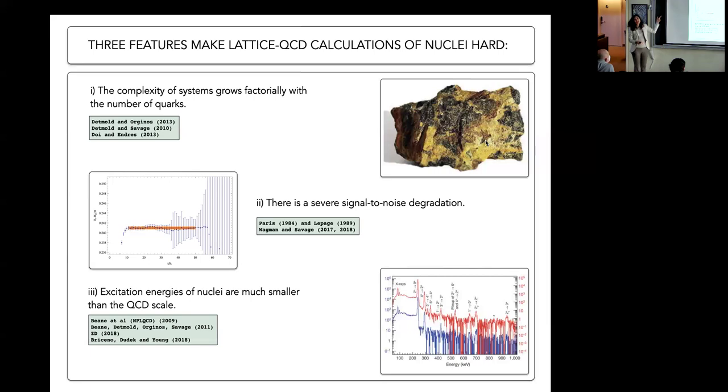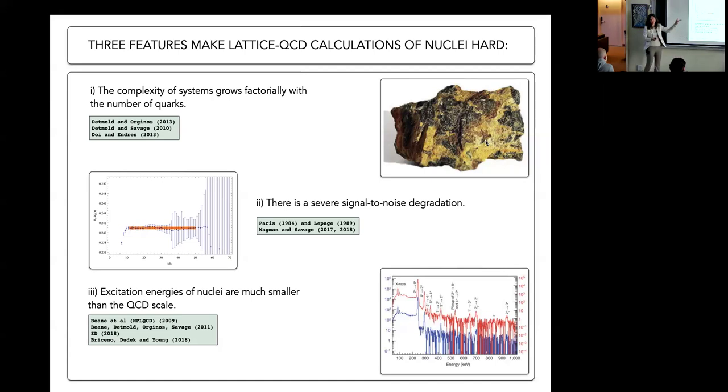The other problem is that in these Euclidean time path integral Monte Carlo computations, we deal with a severe signal to noise problem. It's very similar to a sign problem, if you've heard of the sign problem, meaning that our signal to noise ratio in these correlation functions drops exponentially fast as a function of the number of nucleons that we put in the system and a bunch of other factors.